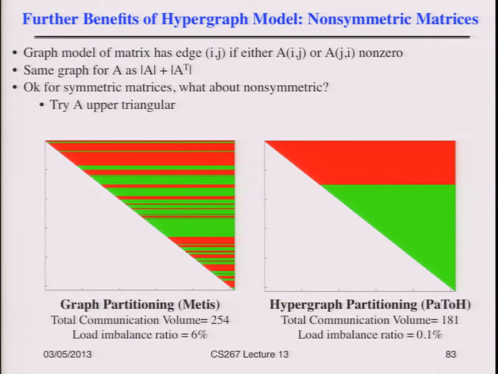So upper triangular matrices happen every time you do Gaussian elimination. You get an L times U. They're both triangular. And we need to do lots of different operations with those triangular matrices, like triangular solve and multiplication by them, depending on the algorithm. So they're very common. Do they arise in naturally occurring graphs as well, or do you come about it from the linear algebra side?